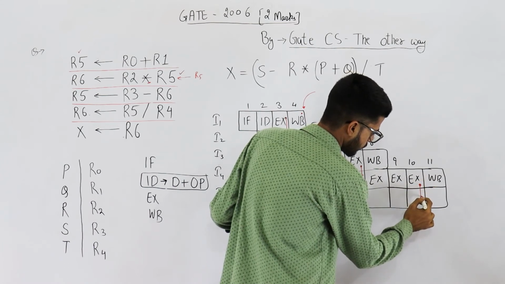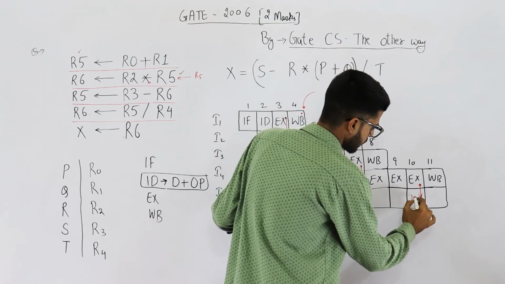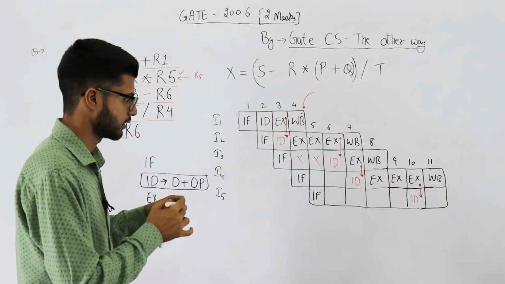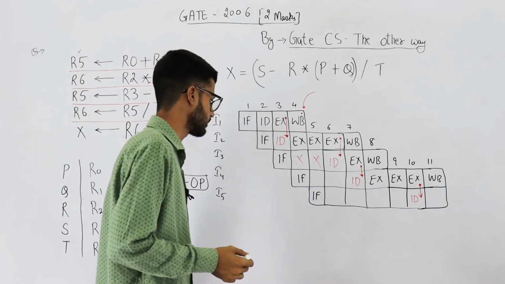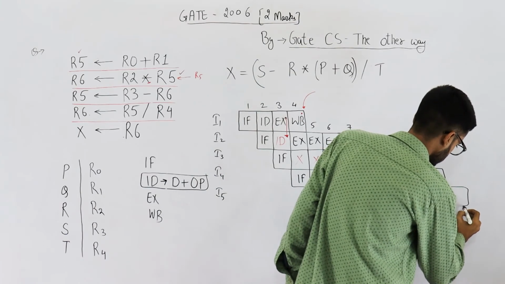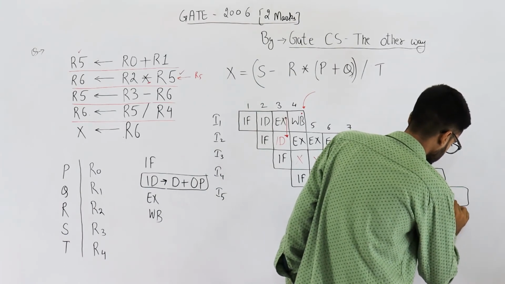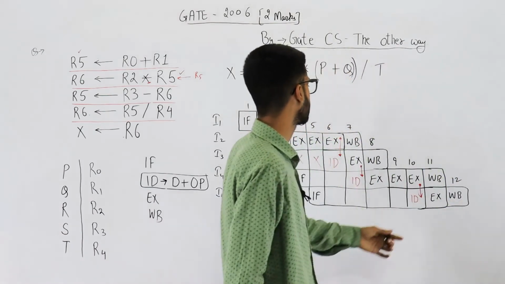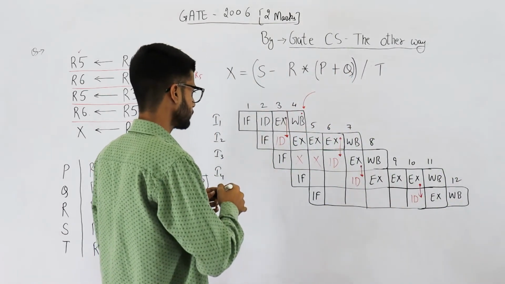So the operand is forwarded like this. It is instruction decode. Then just 2 more clock cycles for execute and write back. So in total we require 12 clock cycles.